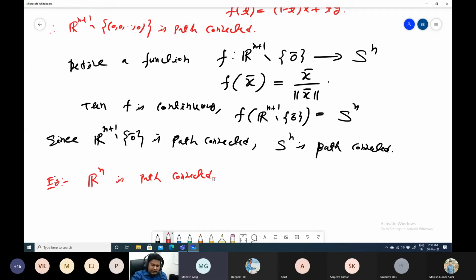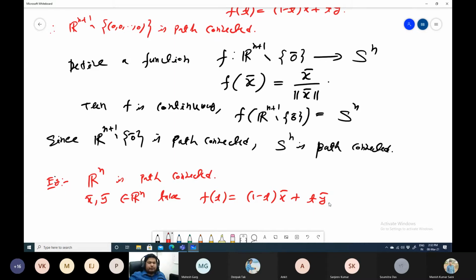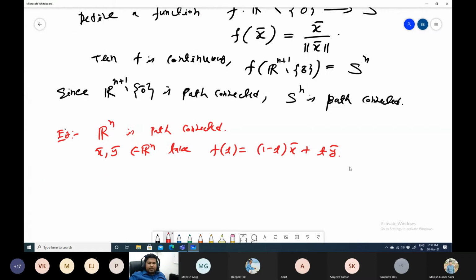Exactly. Just take for x bar, y bar in Rn, just take f of t equal to (1 minus t) x bar plus t y bar. शो हो गया, दिस इज पाथ कनेक्टेड, है ना.